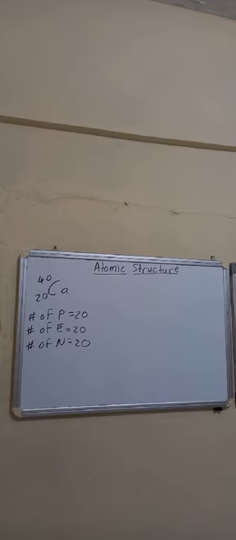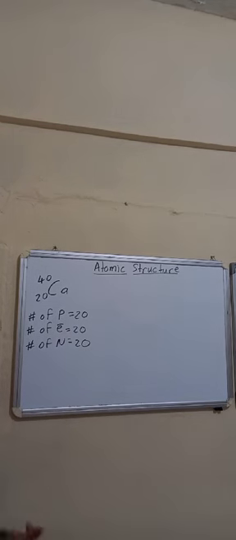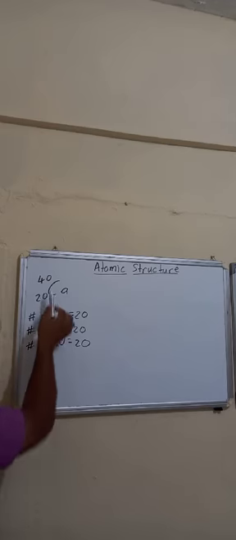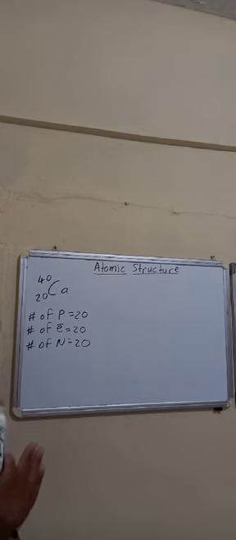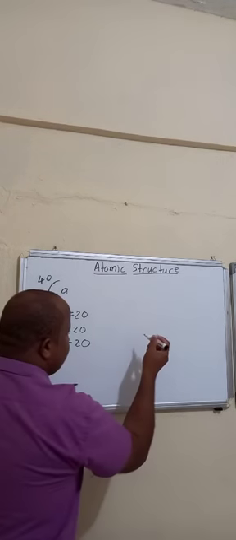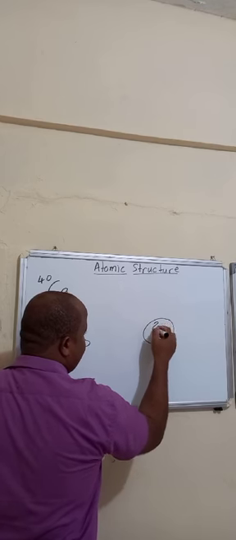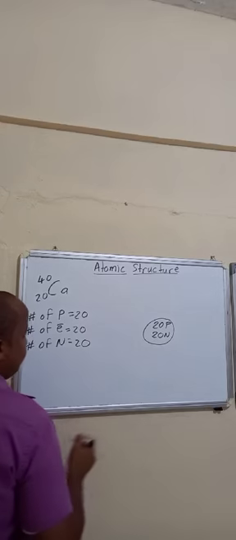So the next one now is calcium, and as you can see, sometimes the number of protons and neutrons are the same, but not all the time. The atomic number is 20, that means protons and electrons are 20. The mass number is 40, so 20 from 40 gives us 20 neutrons. So inside the nucleus, we will have our 20 protons and 20 neutrons.